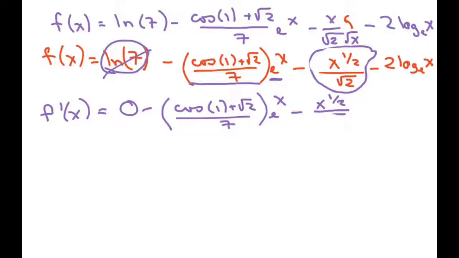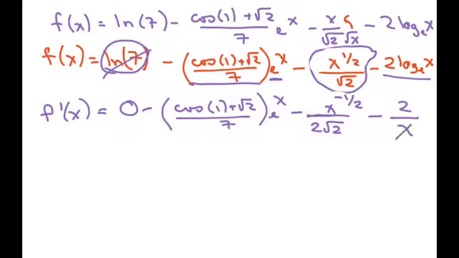Now, I go ahead and take the derivative of this, and that's just going to be 1/2, and I'm going to put the half in the denominator, x to the negative 1/2. So we've done enough of those. And then we already took the derivative of this piece, so that's just going to be minus 2 over x from the previous slide. And that's your final answer.